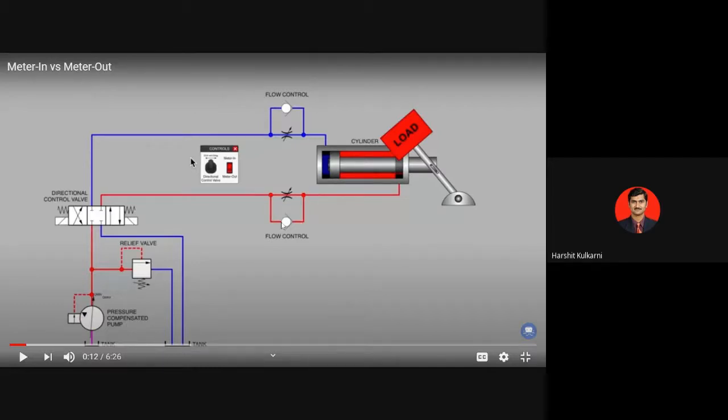There is no restriction here because we are not controlling the flow rate at the outlet. This is meter in, and the oil from here will flow back to the tank. Meter out we will see later. First we will go through this video and try to understand the concept. Okay, I'll start the video.